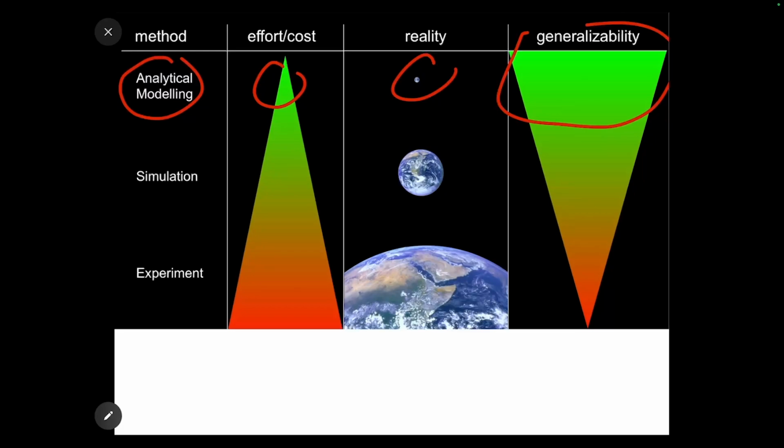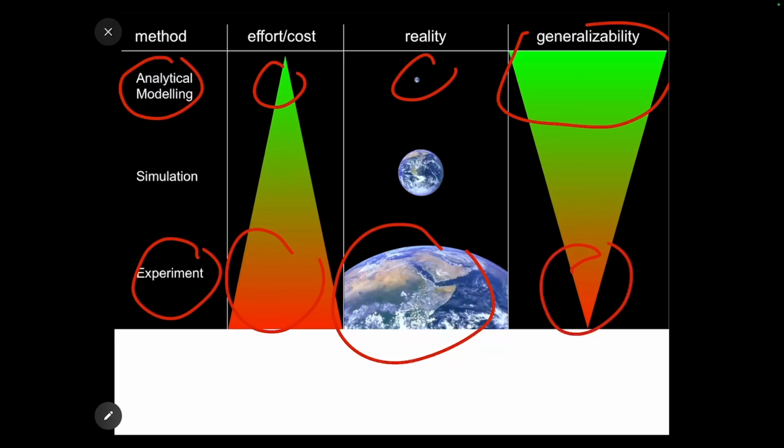Kind of the other extreme is an experiment. Typically a lot of effort is required, it's very down to earth, and it's not so generalizable because you make decisions. You say, I use this programming language, I use that database system, I use that data set, I use those queries, and it's whatever Frank implemented. And maybe he's not such an experienced programmer.